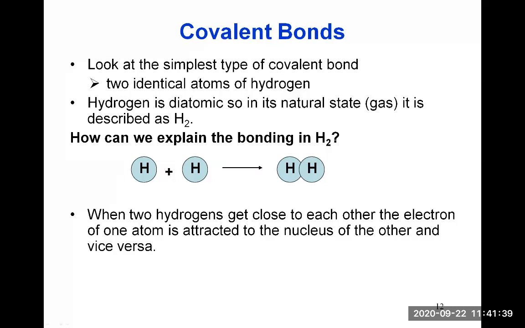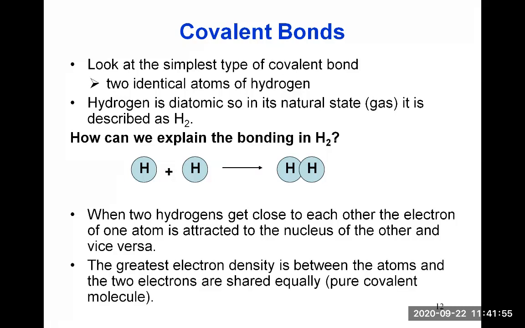You know how electrons are negatively charged and protons in the nucleus of a hydrogen atom are positively charged, and so they are attracted. And so the greatest electron density is between the two atoms. They are shared equally because it's two atoms of the same kind. So we would call this a pure covalent molecule.